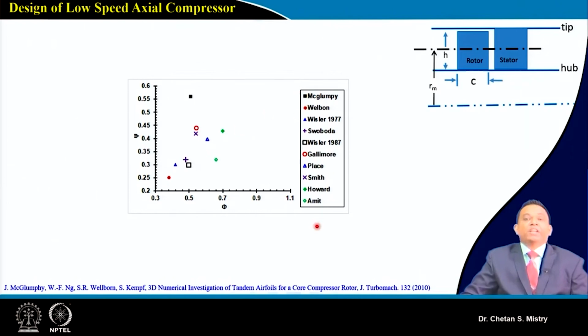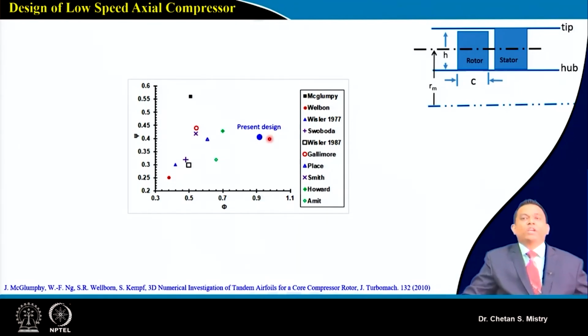Here for our compressor, our data lies here, where we have a larger flow coefficient and our pressure rise coefficient is in this range. Okay, so we are going to design for this particular stage.